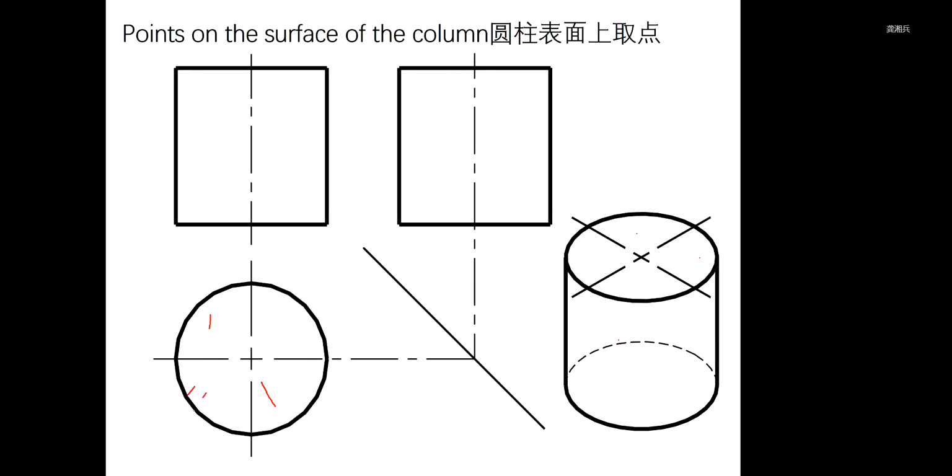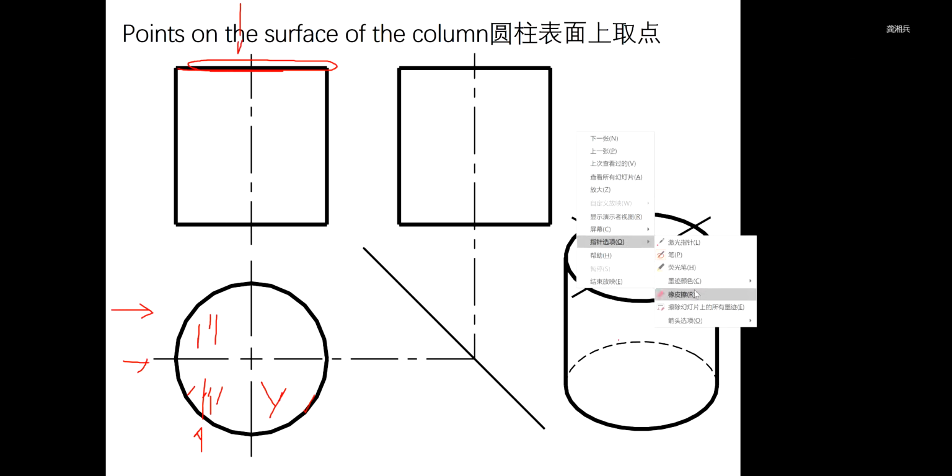Remember this one? From this direction, these two parts are visible. From this direction, these two parts are visible. From the top, only the top is visible. We use visibility to help you find the position of the point on the surface.